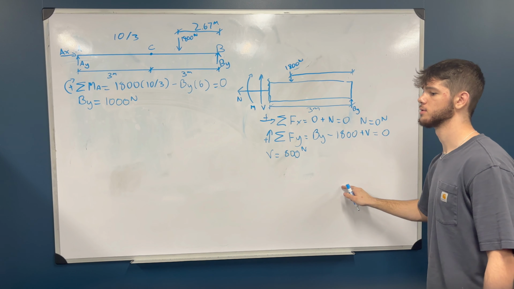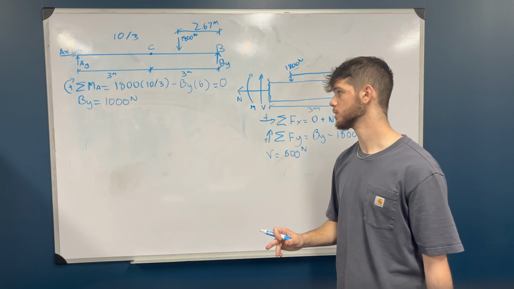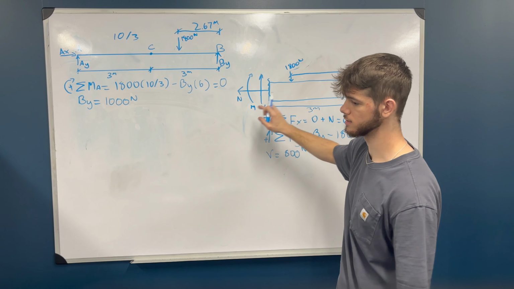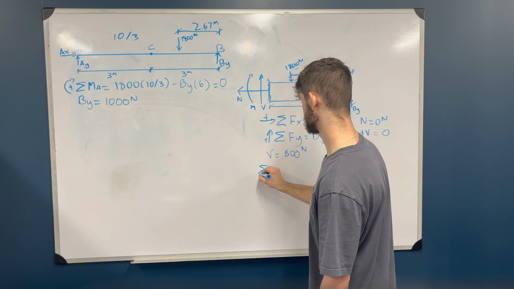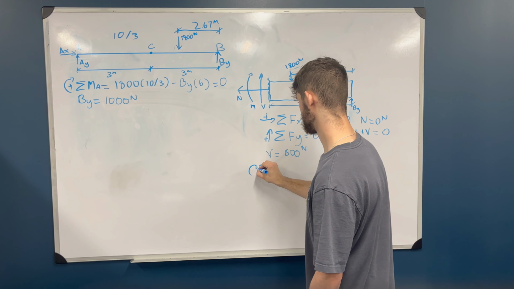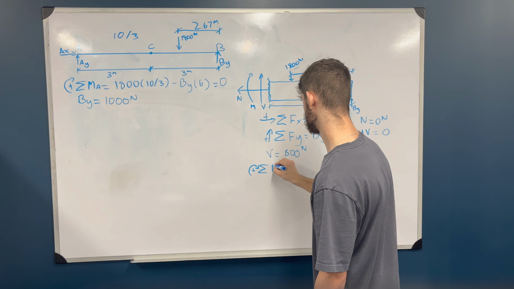For the moment, we take the moment about the section to find the moment right here. We label it in the positive direction.